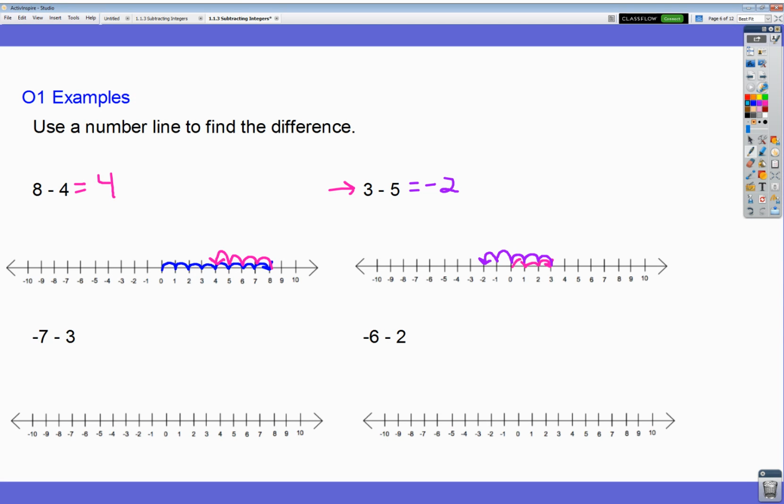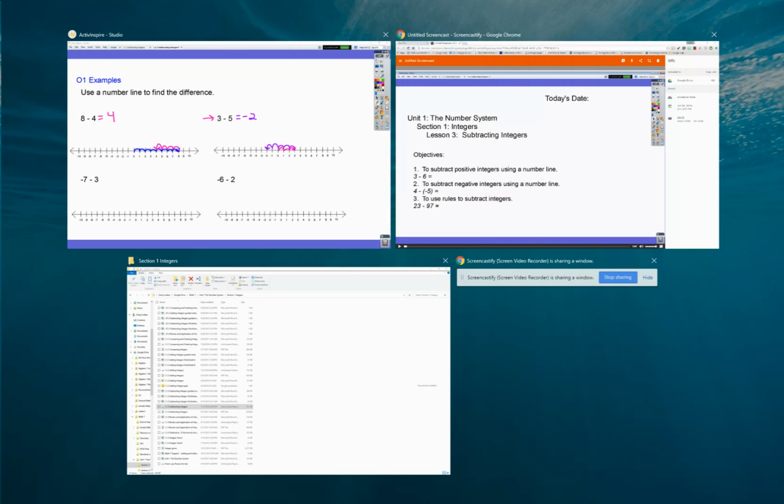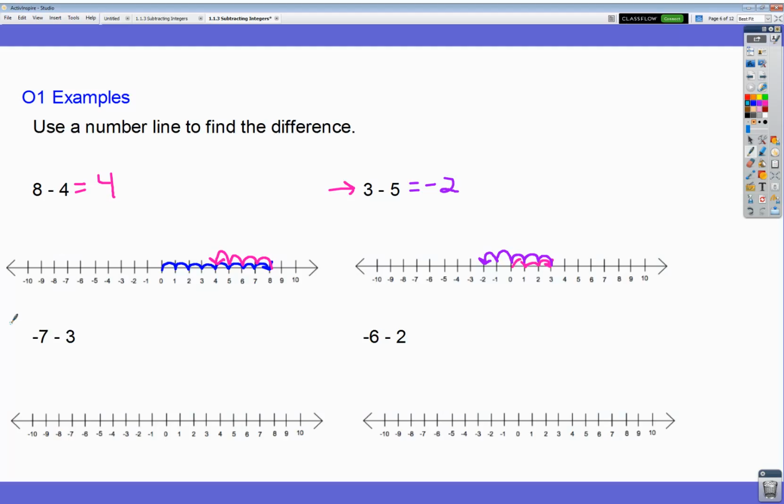Let's go to this example next. We start at a negative 7, so we're going to start at 0, move left to negative 7, and then we're going to subtract 3, so we need to go 3 to the left.